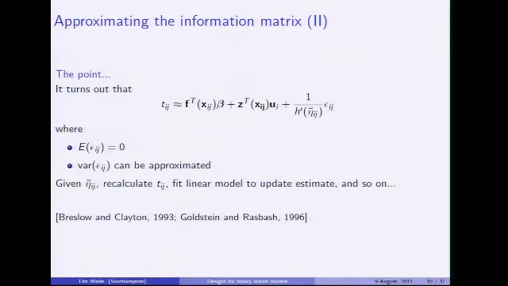The key thing about these working variates is that they can be shown to at least approximately follow some sort of linear model. In other words, t is approximately F transpose beta plus some kind of stochastic component. I don't think Doug Bates will like this particular expansion here, but we've got some stochastic component on the right-hand side, which has expectation 0 and some variance which is either known or can be approximated reasonably well.